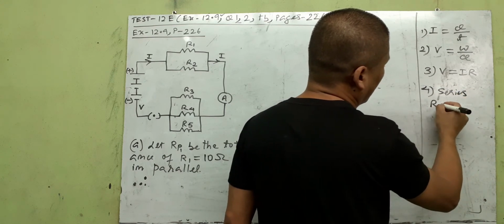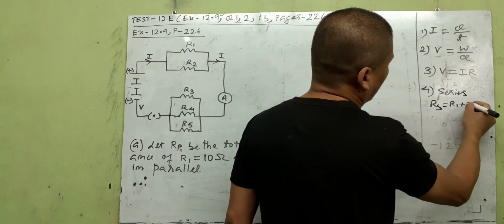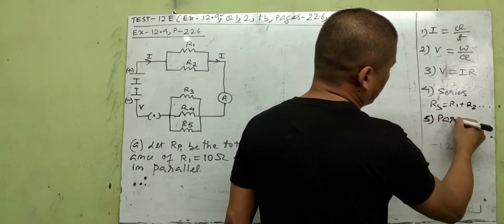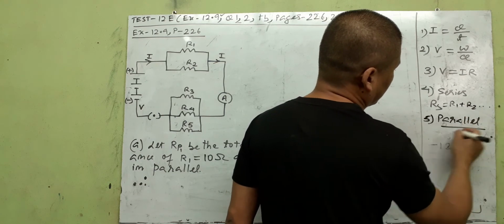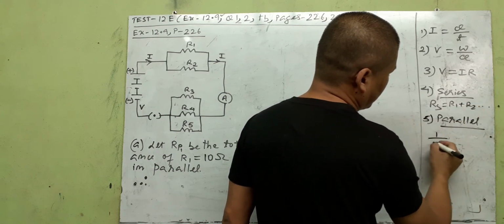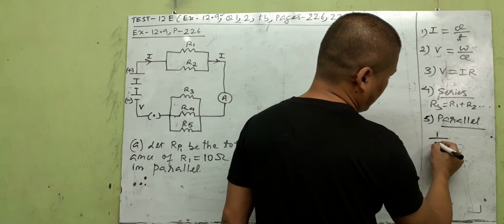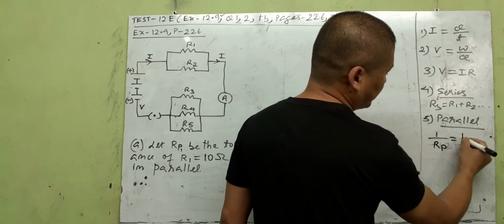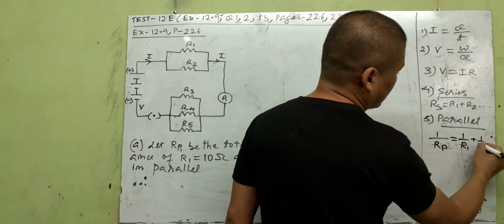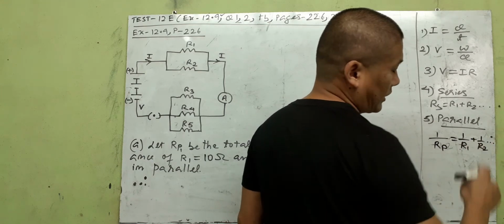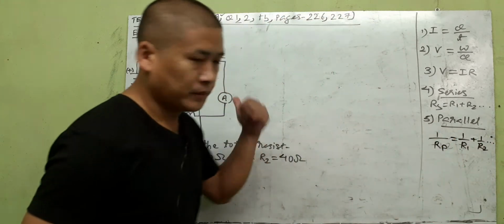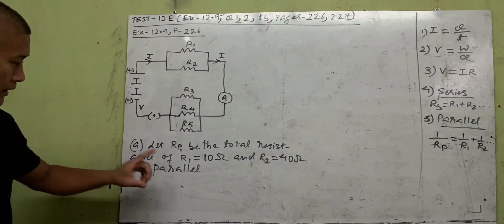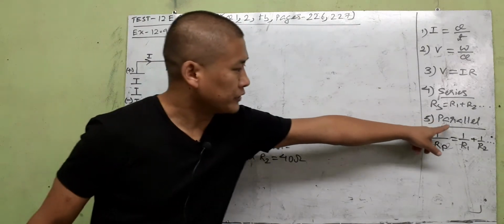Series resistances, then total Rs is R1 plus R2, etc. Fifth one, if the resistances are in parallel like the one we did just now, the formula is not the total of parallel but the reciprocal of the total: 1 by Rp equal to 1 by first one plus 1 by second one, etc., depending on how many resistances are mentioned in the question, right? So there are only two here and they are clearly parallel, so we will use this parallel formula.